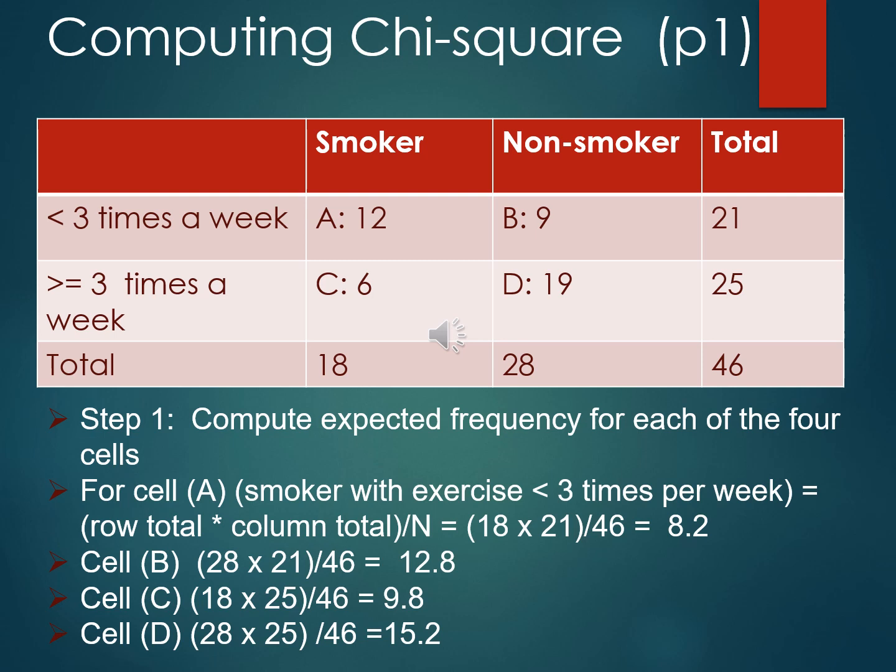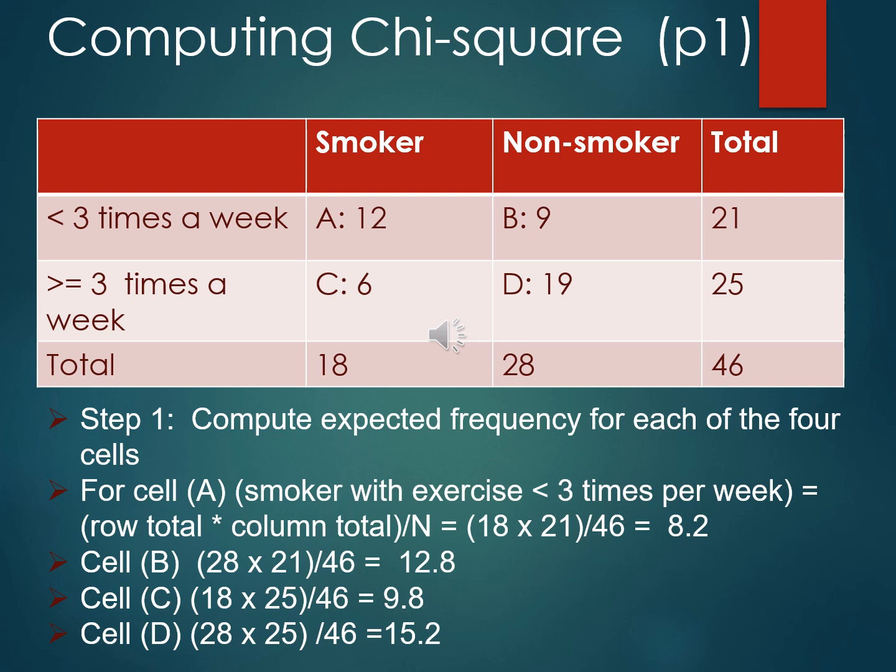Okay, so let's look at the first one, smokers who exercise fewer than 3 times a week. The number of smokers is 18 out of 46. The number of people who exercise fewer than 3 times a week is 21 out of 46.